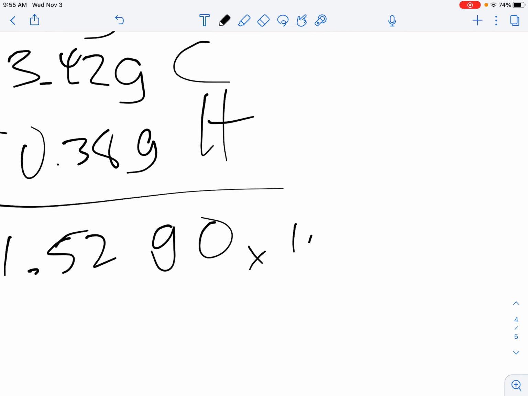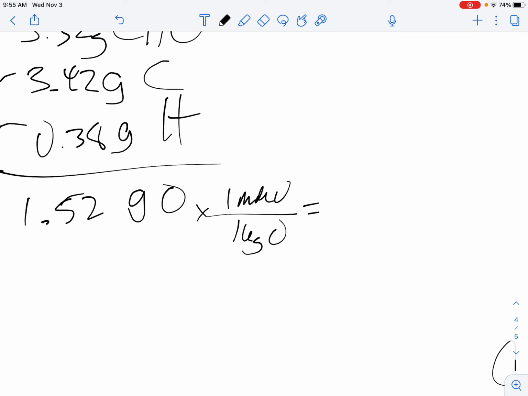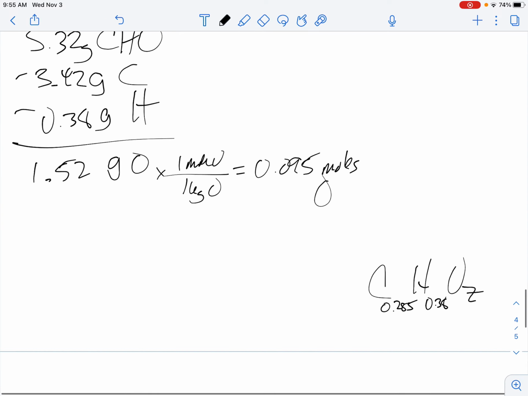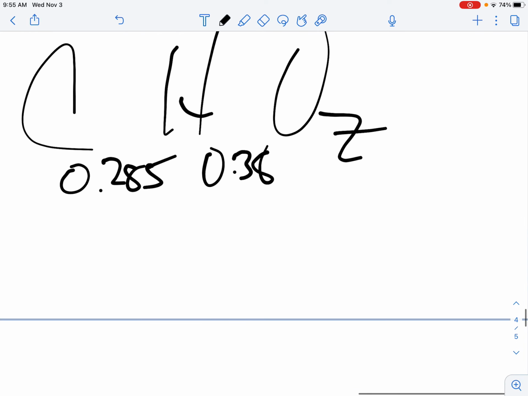So one more step here: 1 mole of oxygen per 16 grams of oxygen. So that's 1.52 divided by 16, which is 0.095 moles of oxygen. So I can now come down here and call that 0.095.